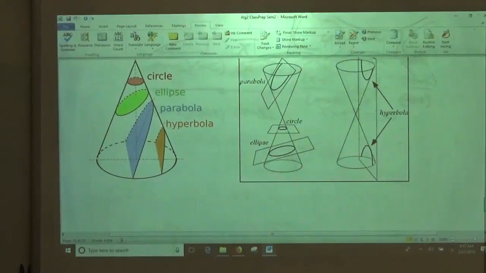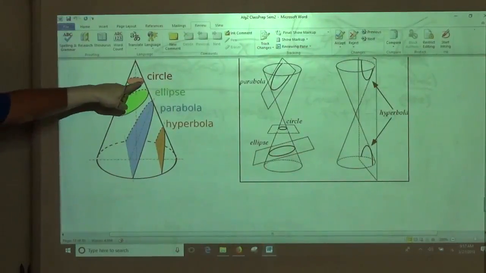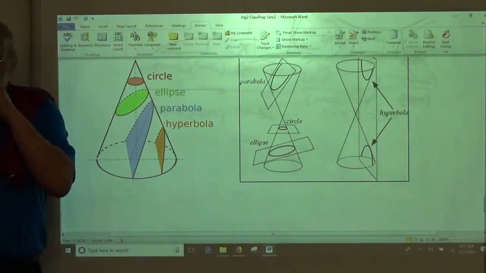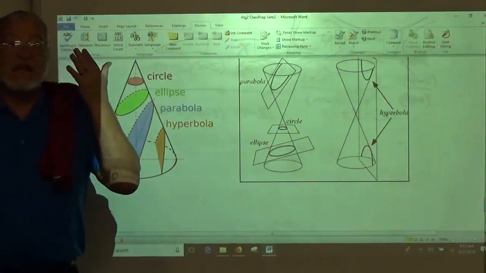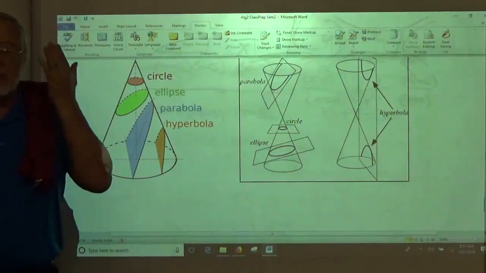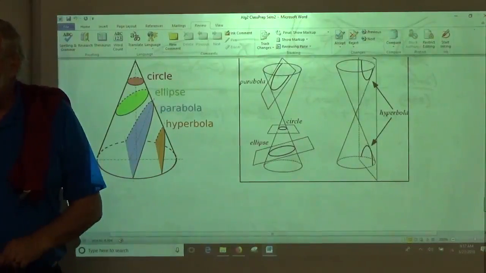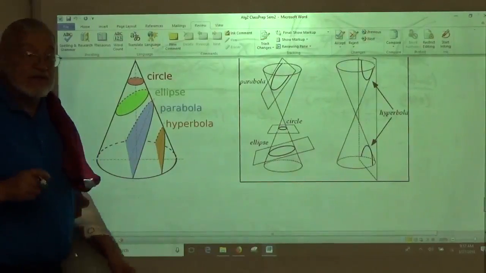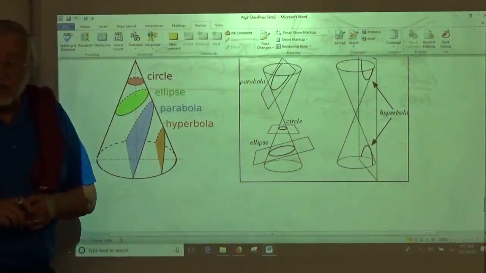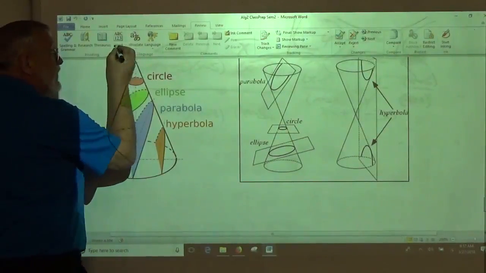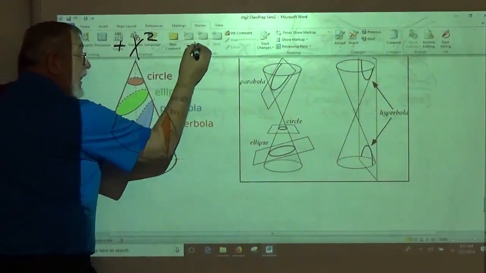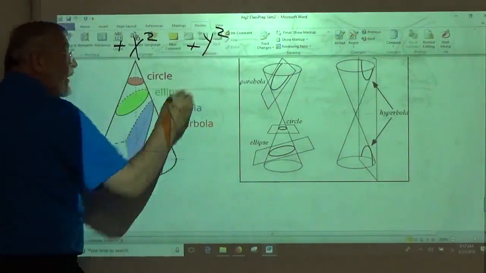Okay? So, when you see a circle, you are supposed to already know what the equation basically looks like. All right, so what does the equation of a circle basically look like? It has a plus with an x squared and a plus with a y squared.